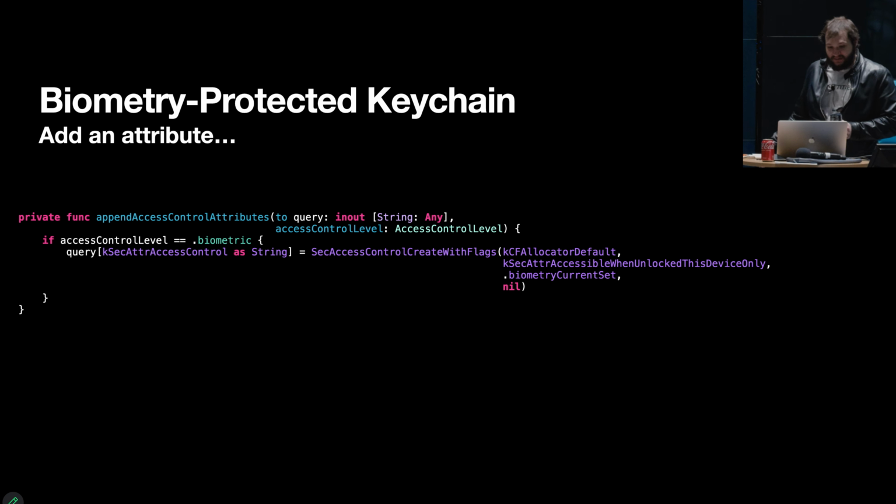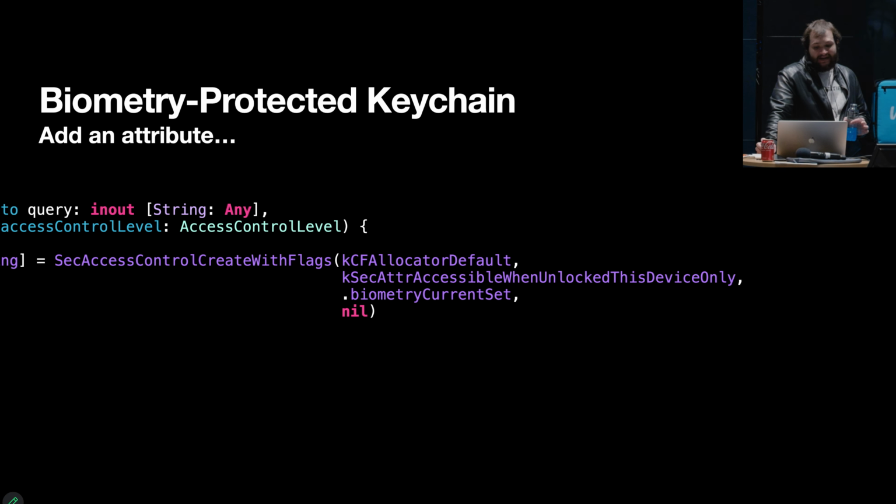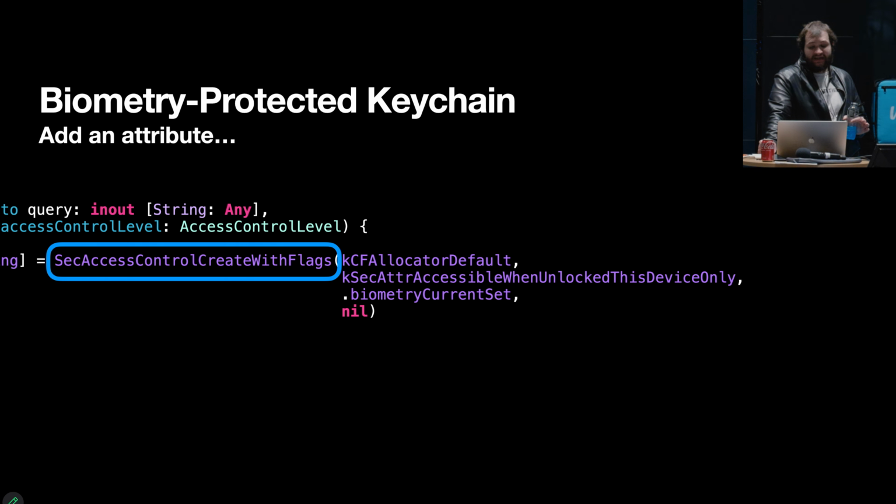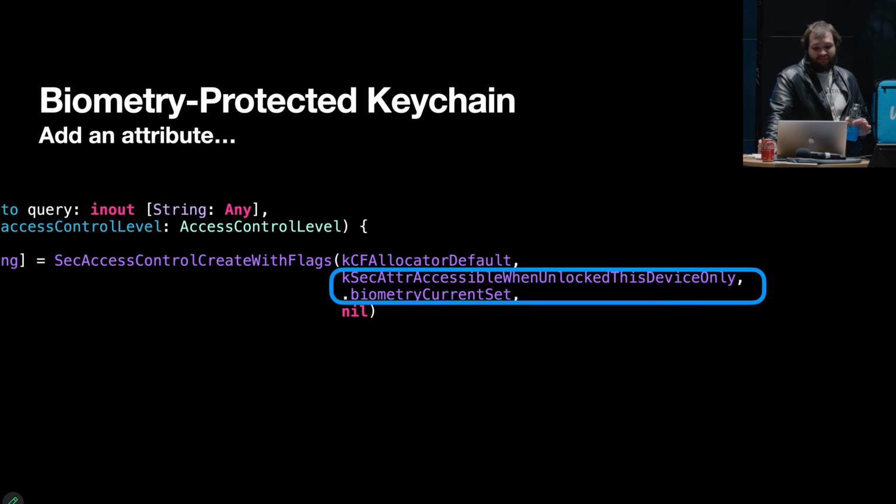Well, it's Keychain. The way you do it, if we zoom in, is that we set this access control attribute, in this case biometryCurrentSet. We create the access control flags with biometryCurrentSet.